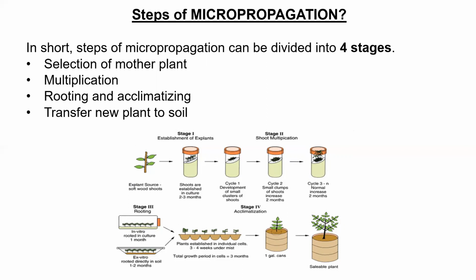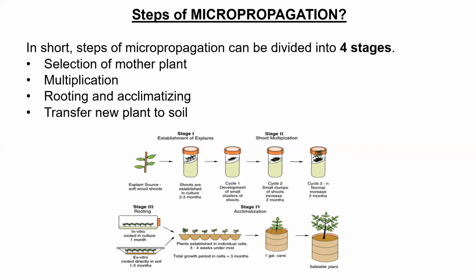For example, if it's Dalbergia sissoo, when you culture it, eventually it will differentiate into Dalbergia sissoo, the shisham plant. You know, for example, you have potato plants. Potato is one of the classic examples of plant tissue culture and micropropagation. Pineapple is also one of the important plants.